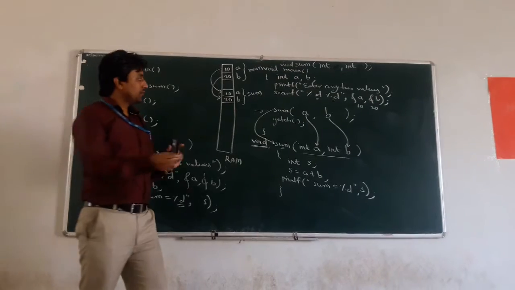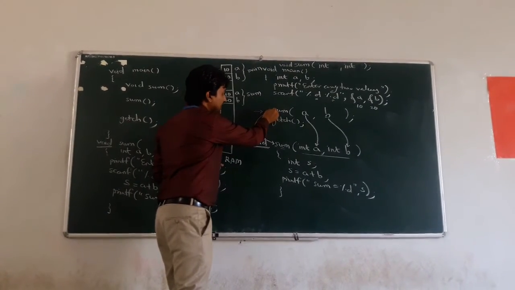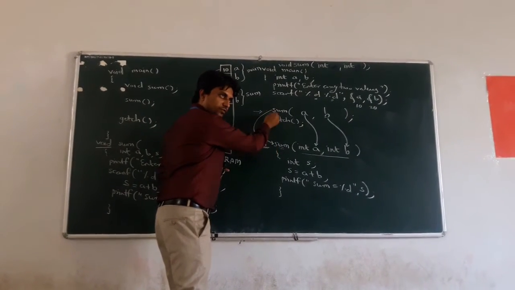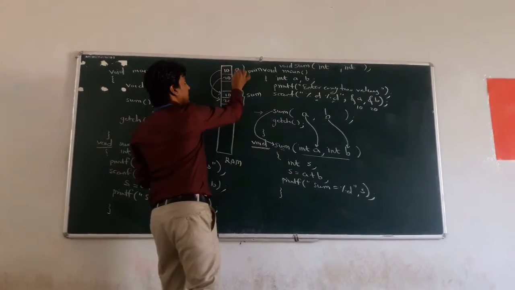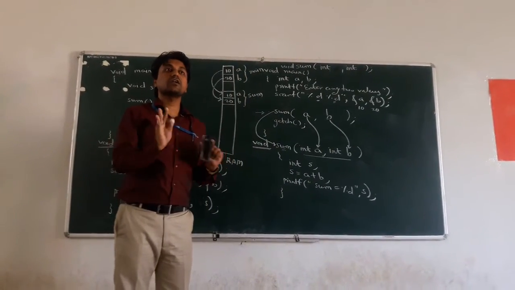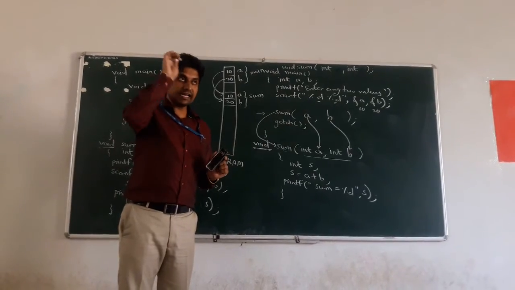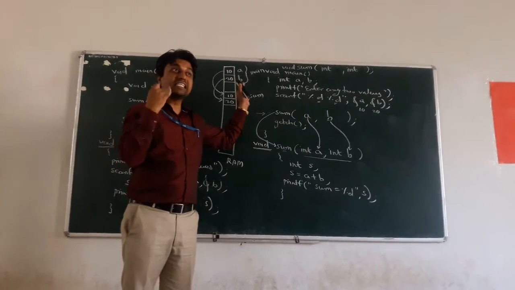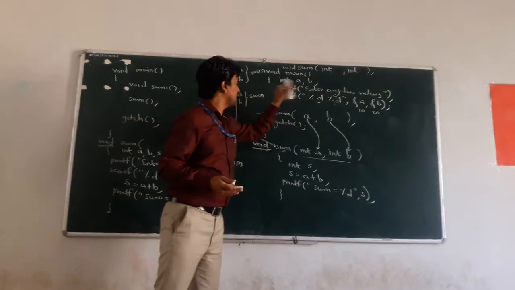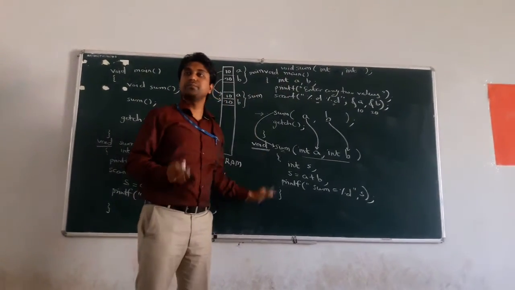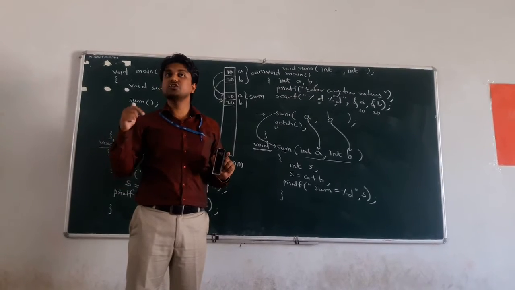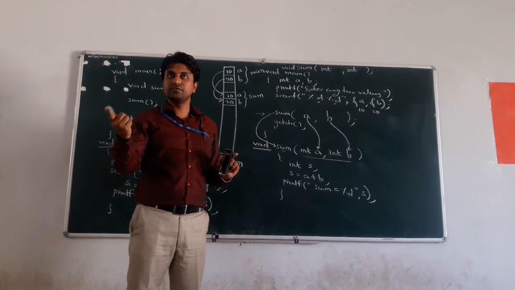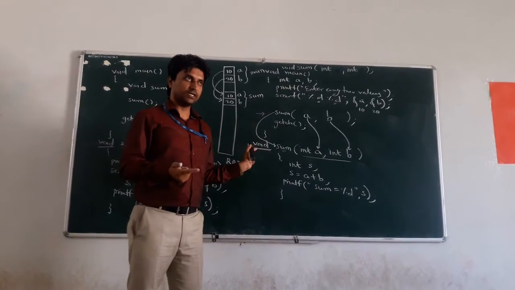When the cursor jumps from this line to this line at execution time, then these variables a and b are not accessible, because a and b of main are not accessible within the sum function, as per the accessibility, which depends on the storage type. We have already studied that part.